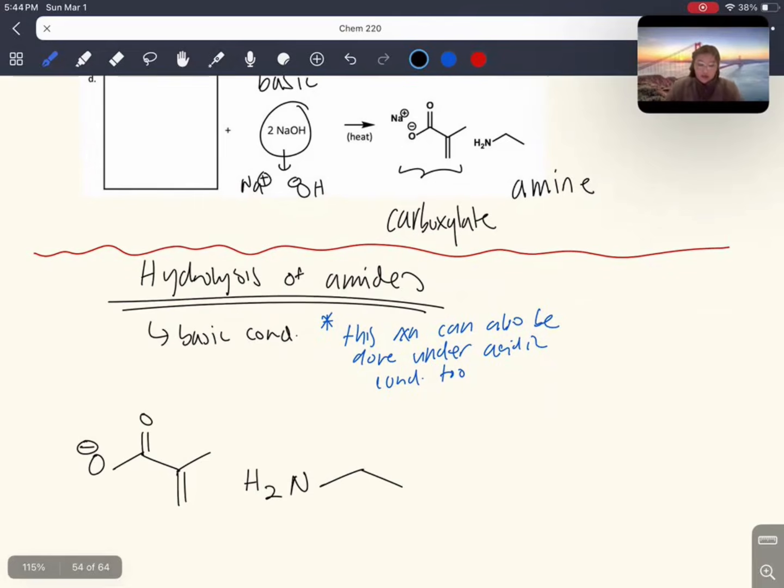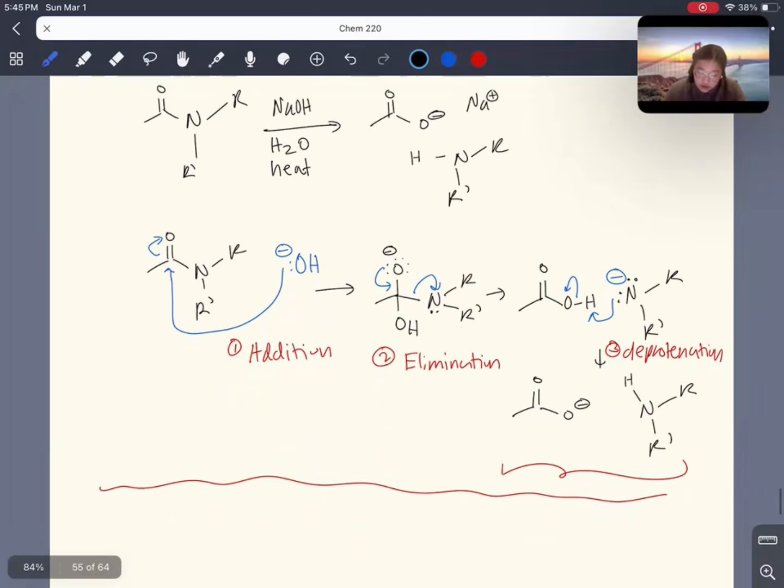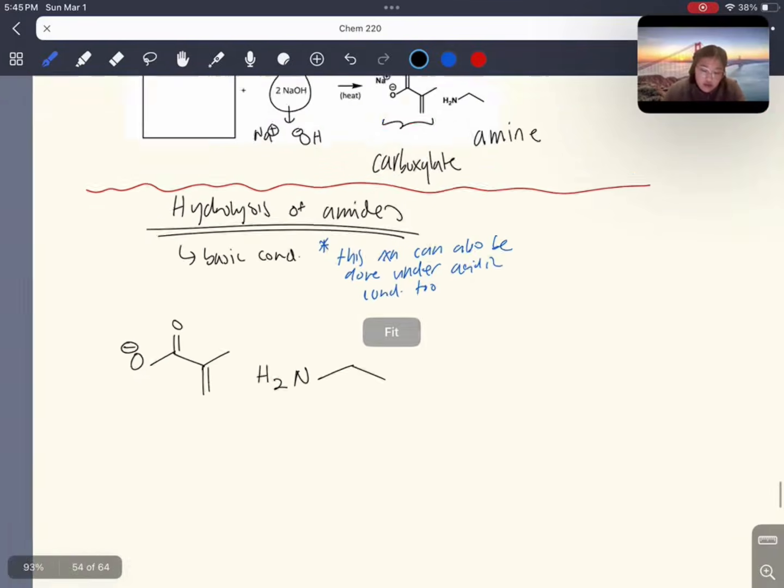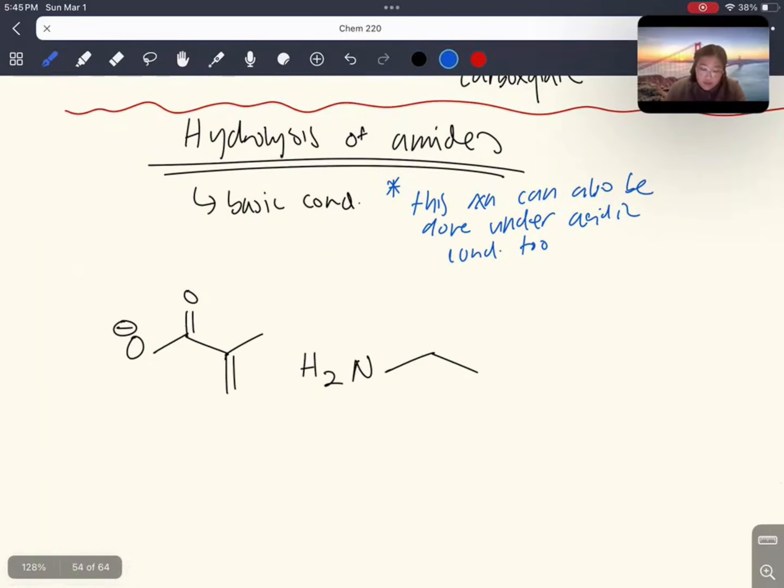So, if we think back to the mechanism I just showed you, the final step was this deprotonation step, right? And in this deprotonation step, that's where we get our carboxylate ion. So before, the hydrogen was attached to the oxygen, but now it's attached to the amine. So let's now do the reverse of that. So what if we were to do the reverse of that?